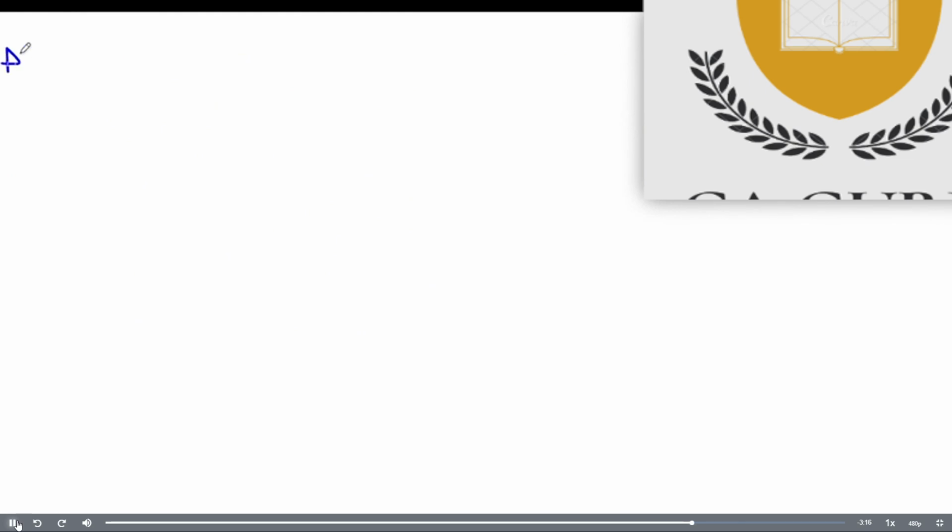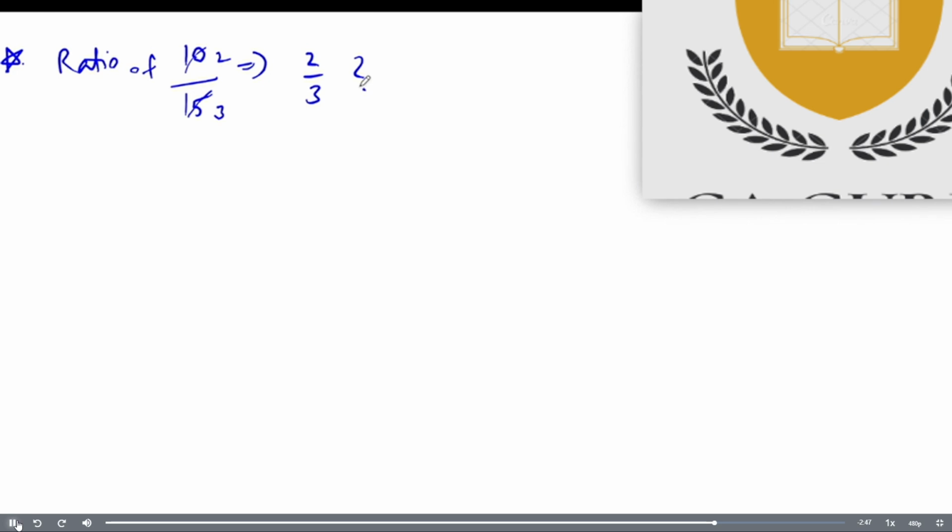Let us take one example here. Suppose I have a ratio of 10 by 15. Okay, I have a ratio of 10 by 15. Can I simplify this ratio and write it as 2 by 3?